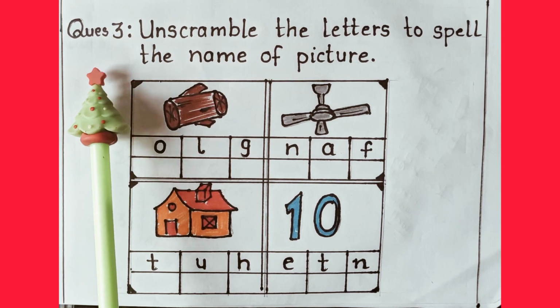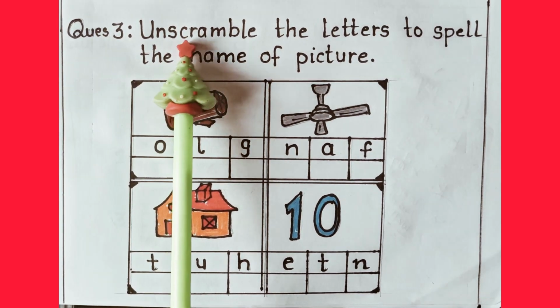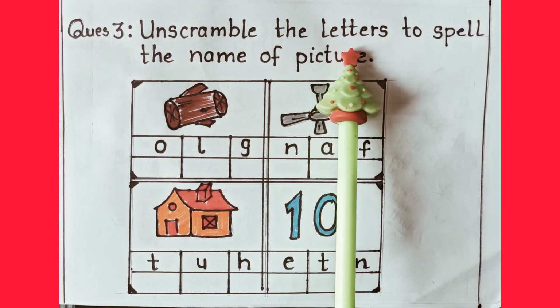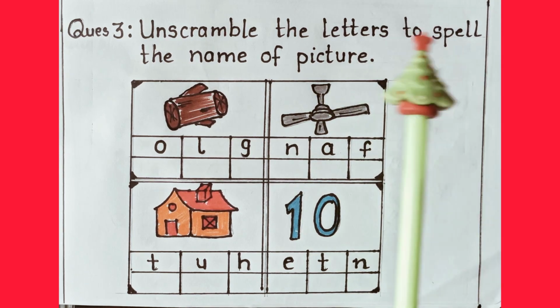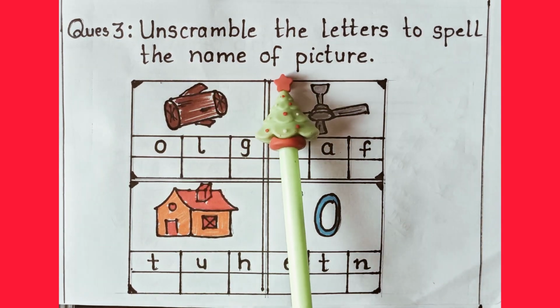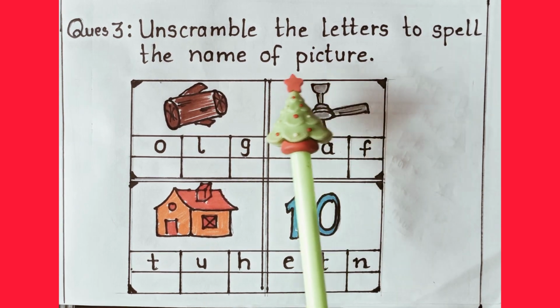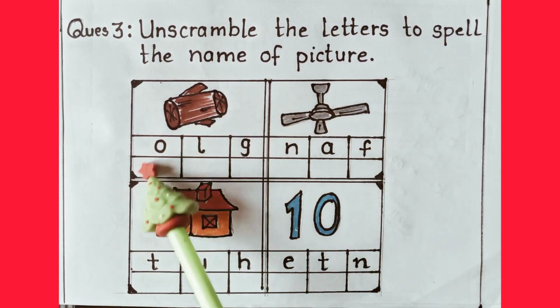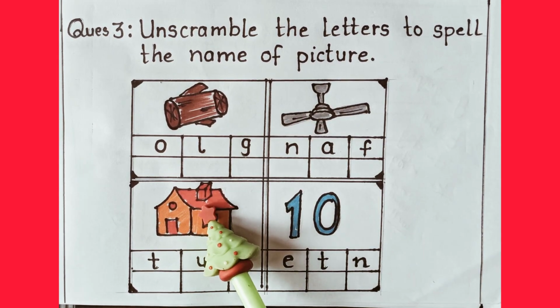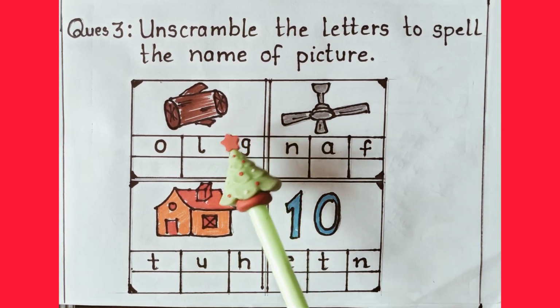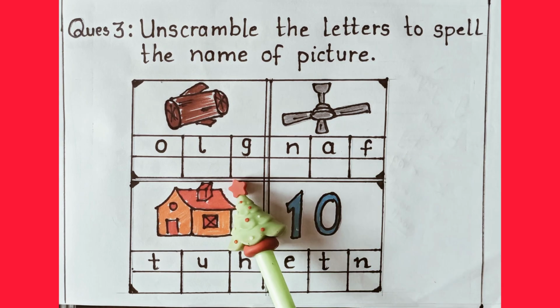Question number 3. Unscramble the letters to spell the name of picture. Children, see, I have drawn some beautiful pictures and below these pictures I have written few letters. Right?